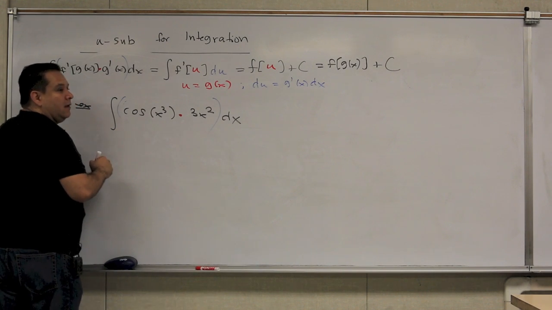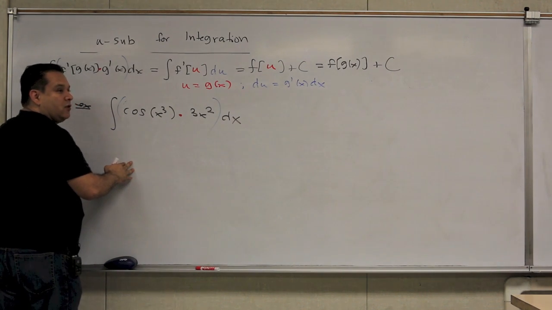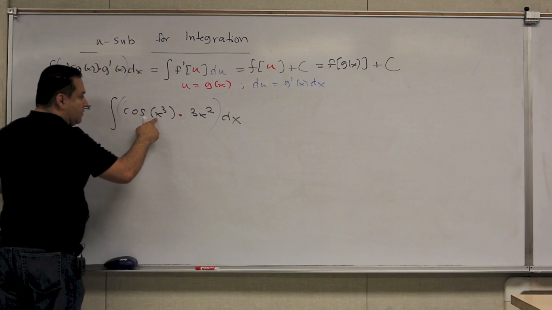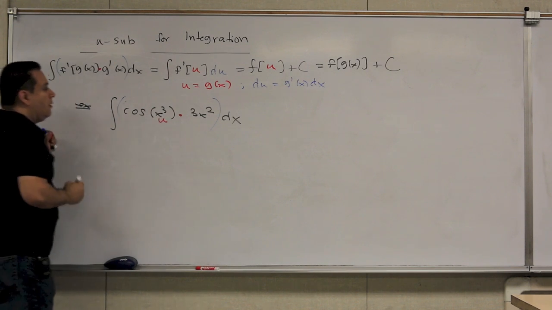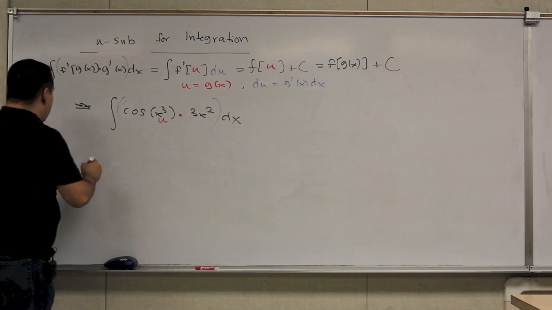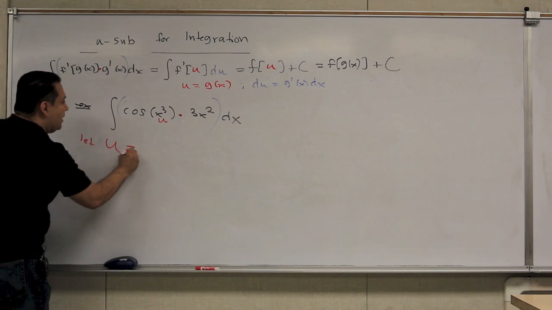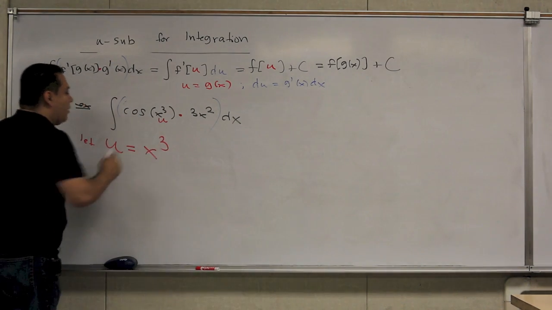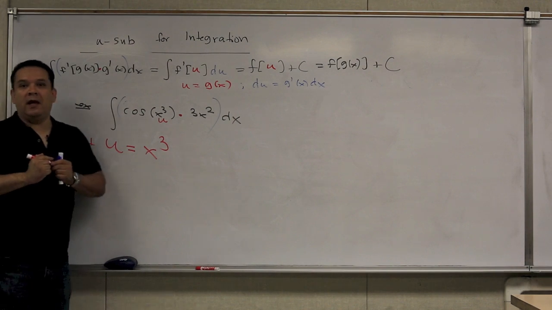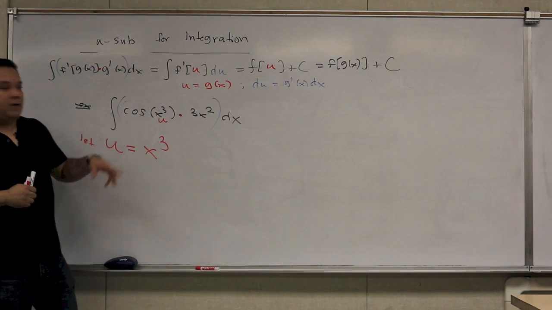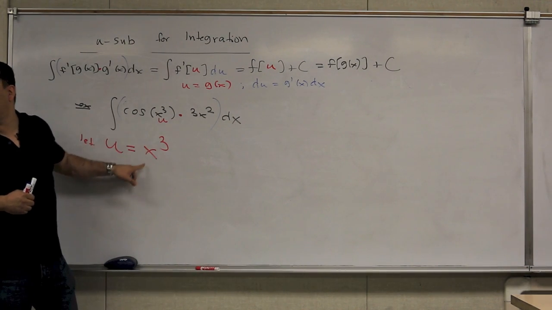Well, what's the inside? Remember, this is composition of functions. X to the third. This is my u. So what you guys are going to do is you're going to let u be x to the third power. Okay? Just like in chain rule. This is the inside function. So u is x to the third power.